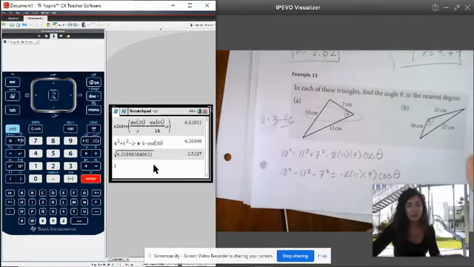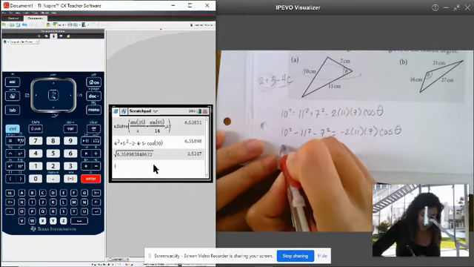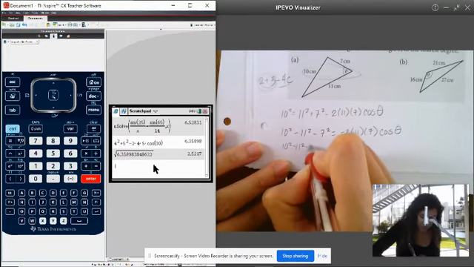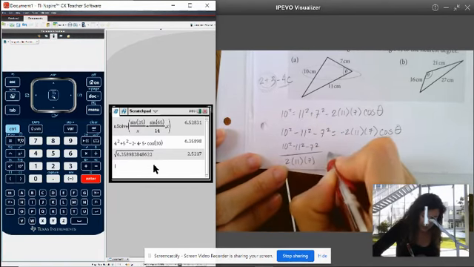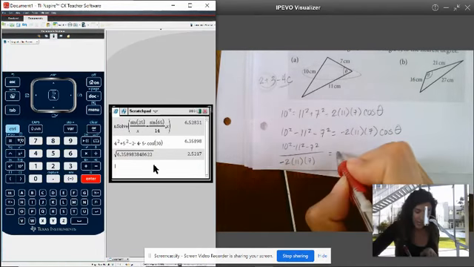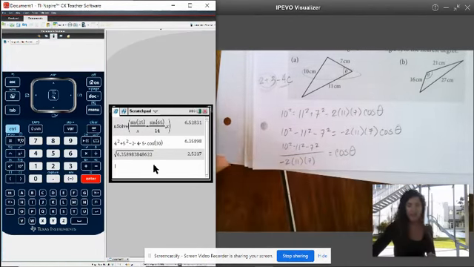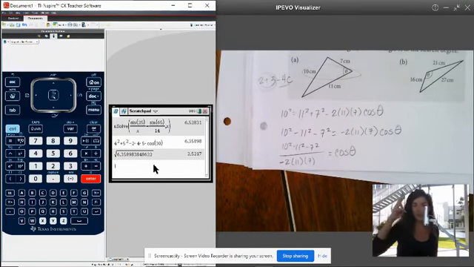From that, you then need to divide both sides by negative 2 times 11 times 7, and it equals cosine of theta. Now that you've isolated for cosine, you can do your inverse and flip those out.